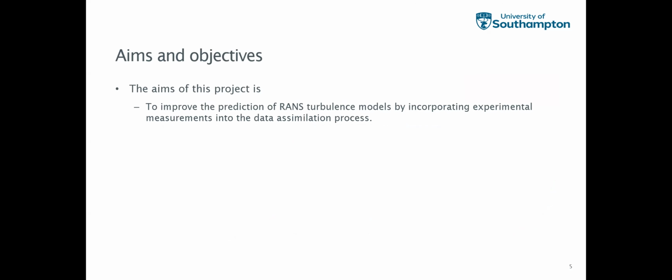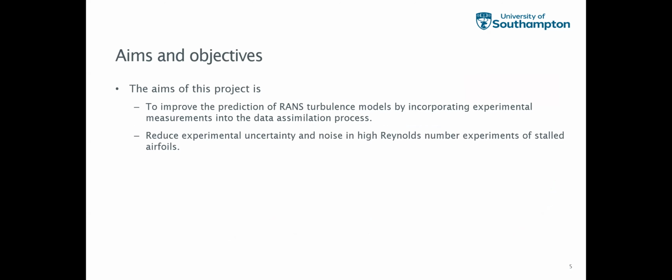And we do this by incorporating experimental measurements and using data assimilation. An added benefit along the way is that we reduce experimental uncertainty and noise, which is prevalent in experimental setups, especially for higher Reynolds number flows and flows with strong separation, as in the case of stalled airfoils.